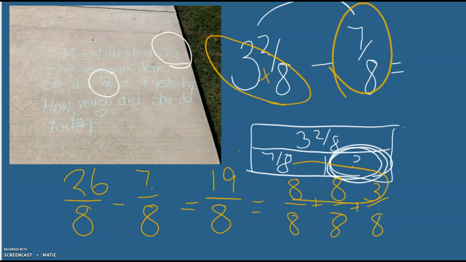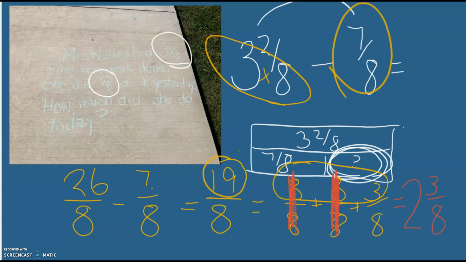These numbers have to add together to equal 19. So I have 8 8ths plus 8 8ths plus 3 8ths. Now that I have that, I know that 8 8ths is equal to 1 whole, and then 3 8ths is my fraction. So I would convert this to be 2 wholes and 3 8ths.